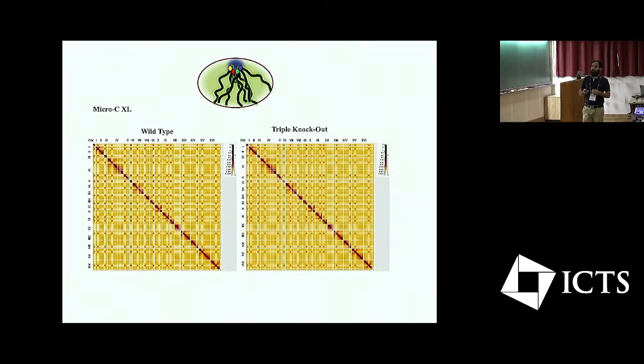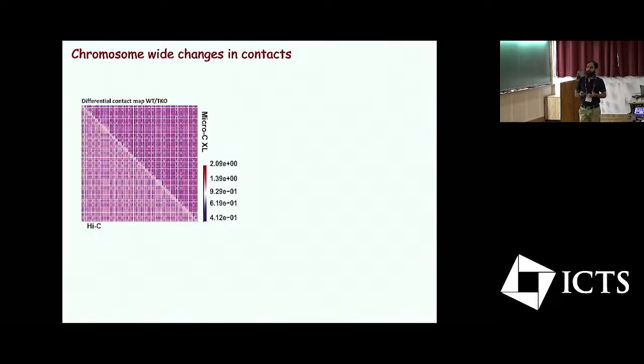So again, this was done for both the knockout as well as the wild type strain to find whether there are differences. So we can have a differential contact map between the two cell types.